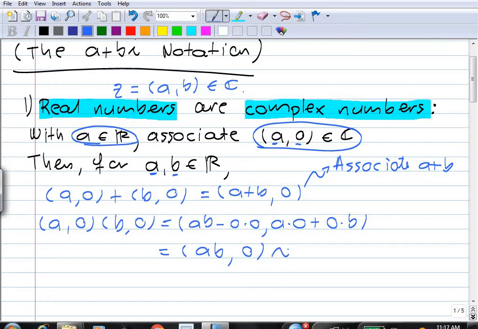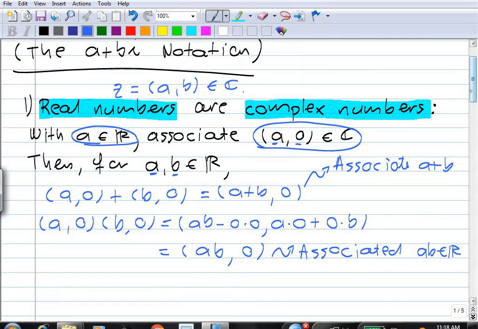And again we note that this complex number we have here, (ab, 0), is that complex number that we associated with the real number ab.